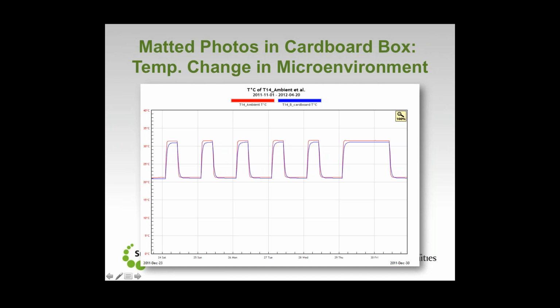Here we are really within a couple of hours, that micro environment inside of the box felt the entirety of the temperature change that occurred in the macro environment and just continued right on. So this was just one bit of documentation for when we're talking about a cardboard box with not a very good air seal, is there any impact at all on the rate of temperature change? The answer is very, very little.